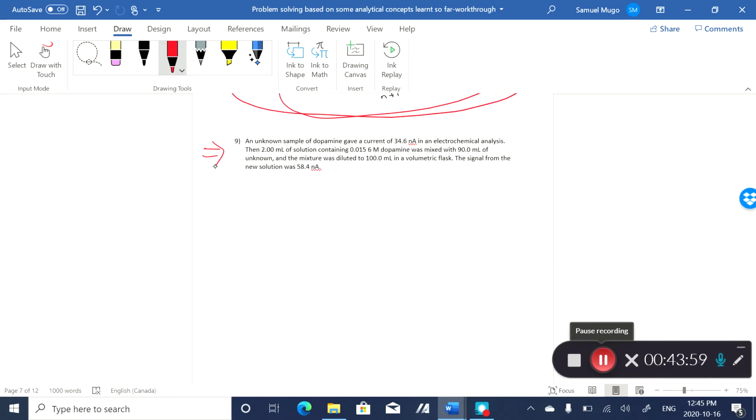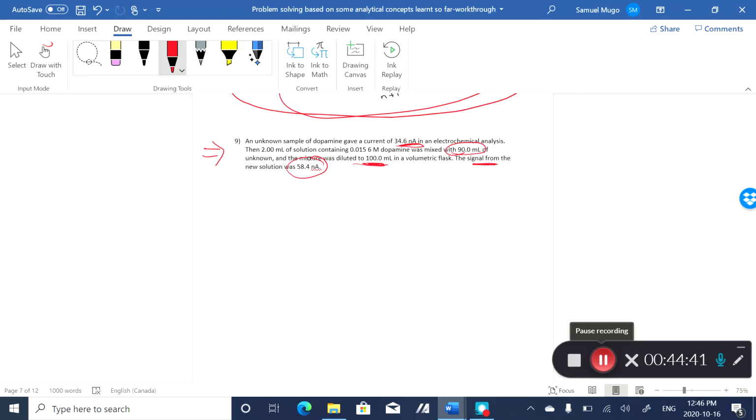So you're doing electrochemistry in this case, so they gave you a current, that's a signal, and after that you took a sample and spiked into it 2 mL of a dopamine standard. And then that sample, which was 90 mL, you diluted to volume in a volumetric flask, and then you ran it again using electrochemistry to give you another signal right there. So the question is, of course, calculate what the unknown dopamine is in the sample.